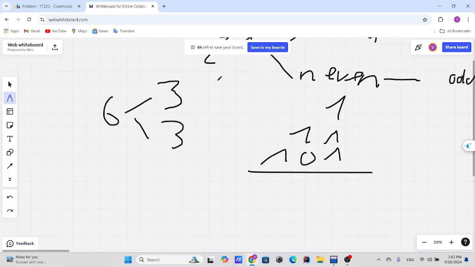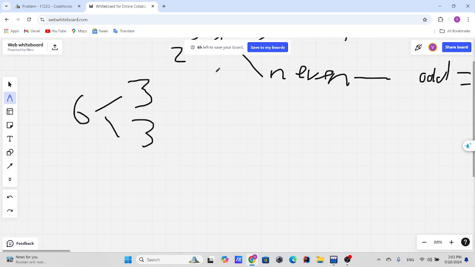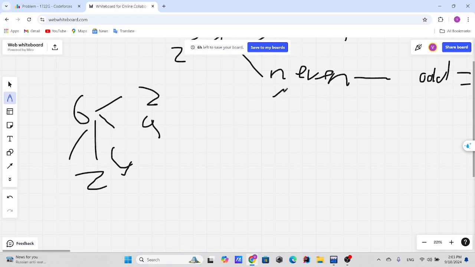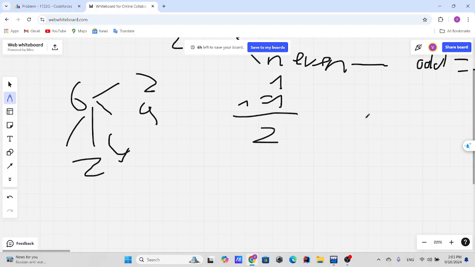The number of odd numbers should be even. So there should be four odd numbers. That should possibly do the job. Maybe like this or maybe like this, I'm not sure. But let's try this first. It would be two.